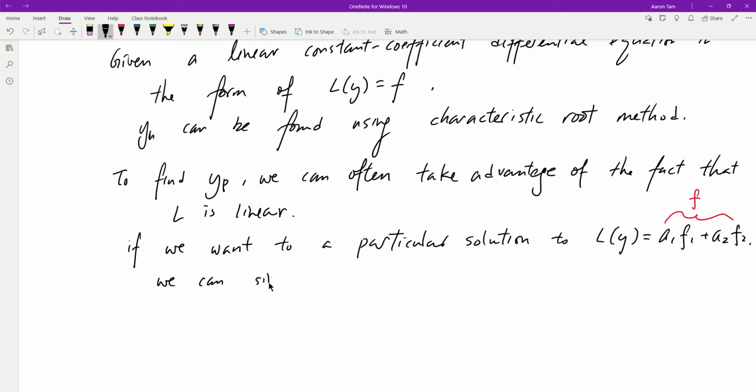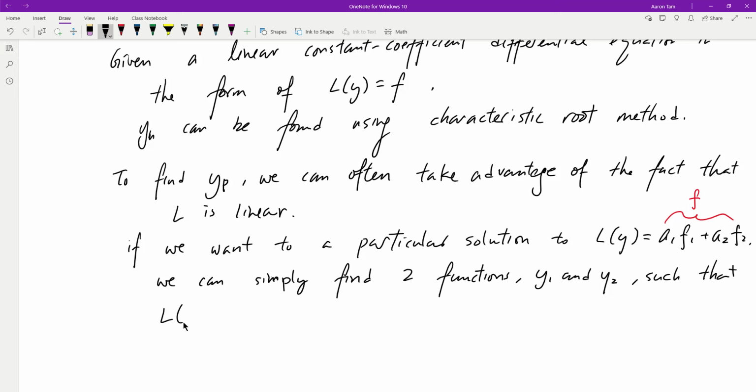So let's say we want to find a particular solution to L of y equal to a1 f1 plus a2 f2. We can simply find two functions, which I'm going to call y1 and y2, such that L of y1 gives you f1 and L of y2 gives you f2.